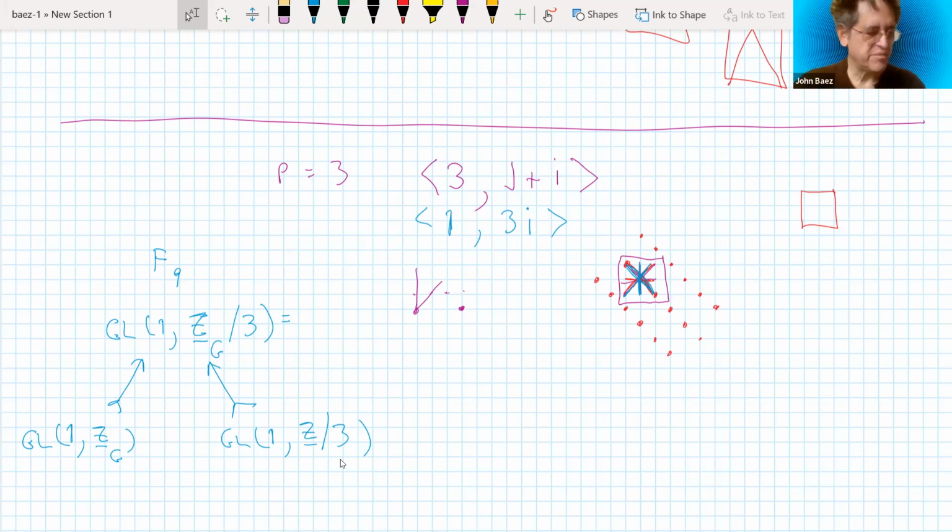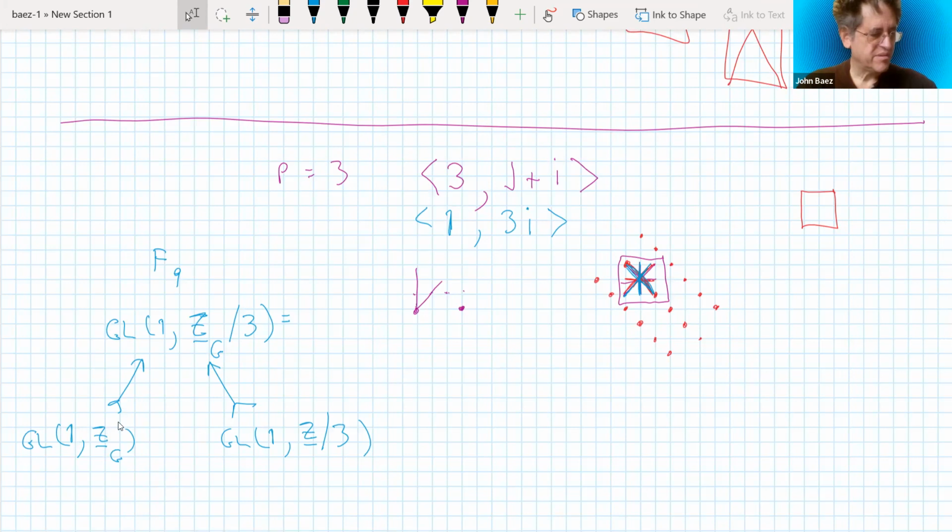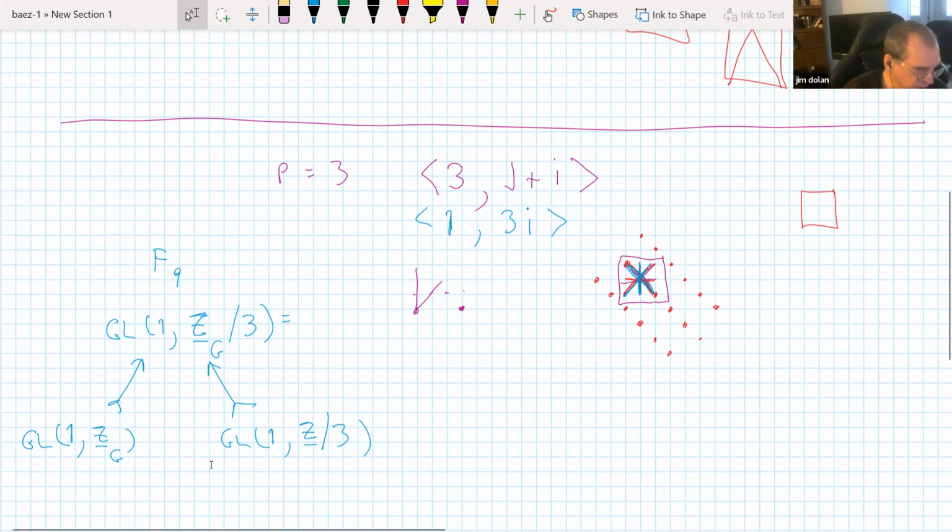And there's a non-trivial intersection of these two subgroups, right? Because east and west are 1 and -1, but 1 and -1 are both real. They're both in Z mod 3.